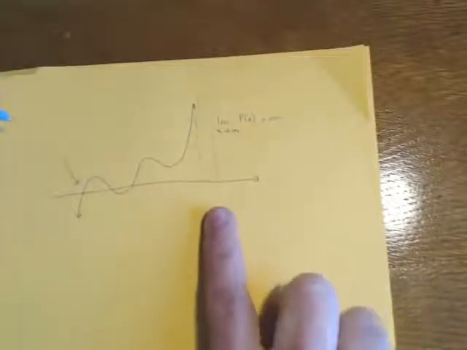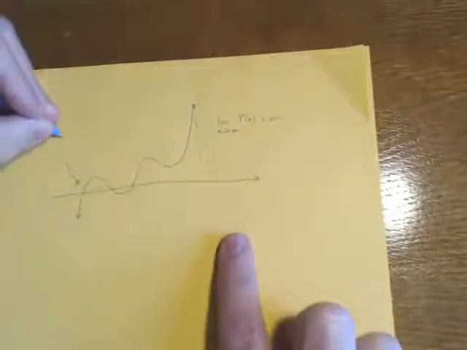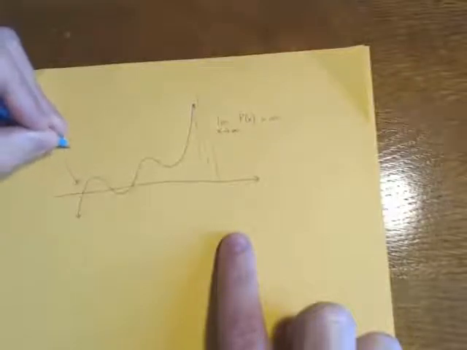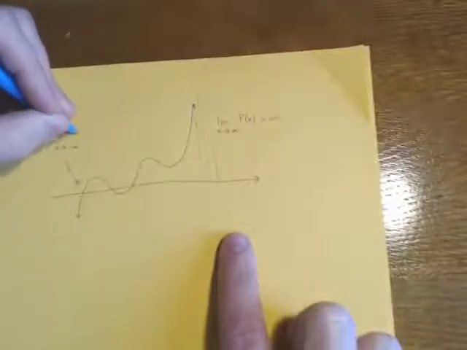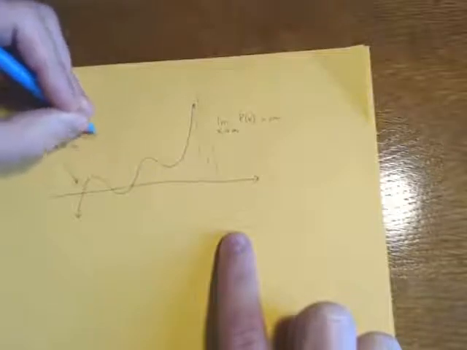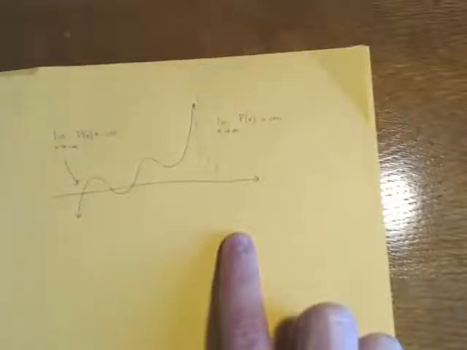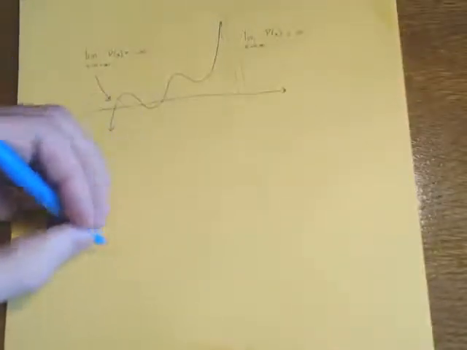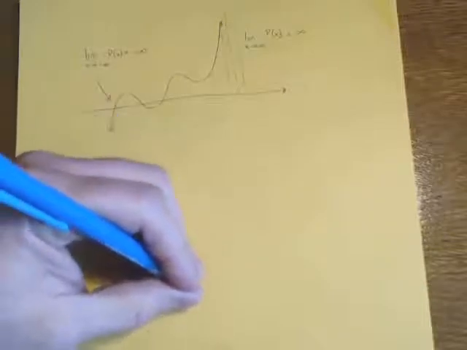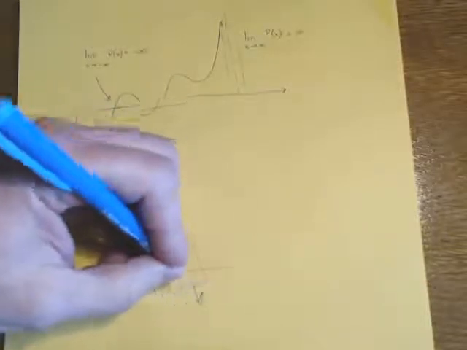And the left end behavior of this function would be the limit as x goes to negative infinity of p of x is equal to negative infinity. In other words, the y values dive down. And you could have something like that; I drew something like that a moment ago.